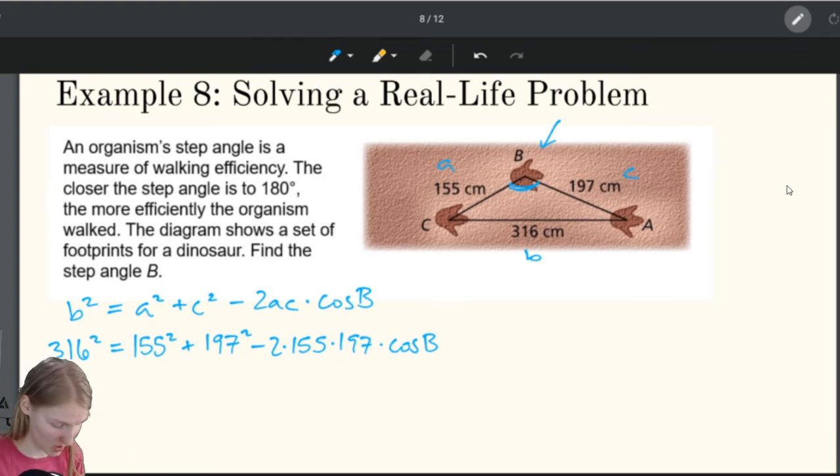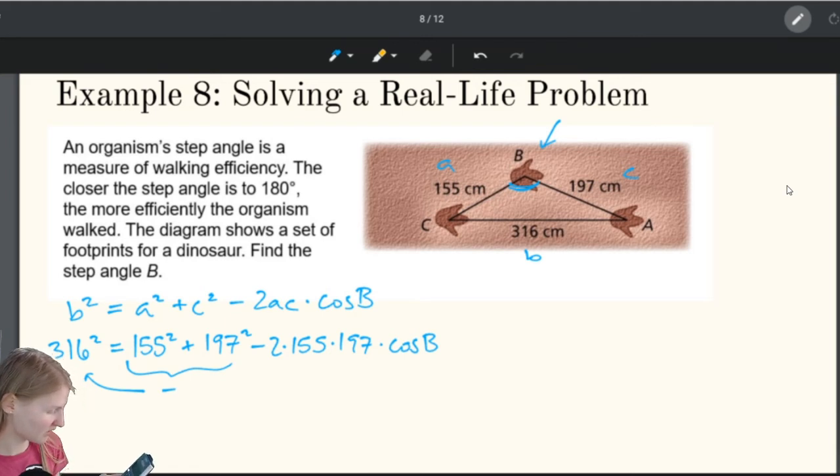So I'm just going to subtract from this side in one step. So 316 squared minus 155 squared minus 197 squared. That is still a ginormous number.